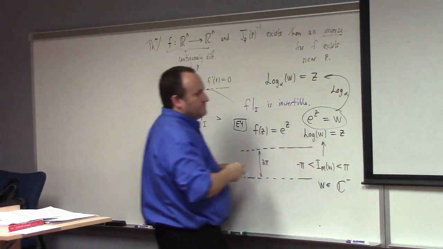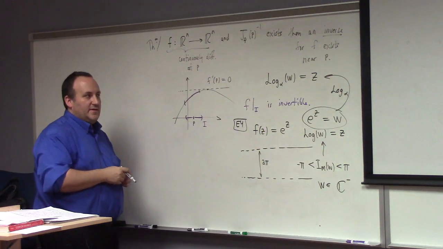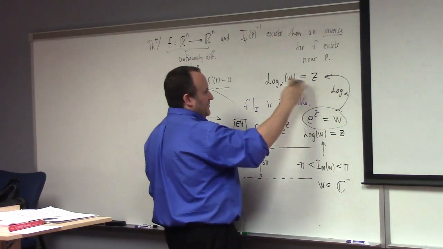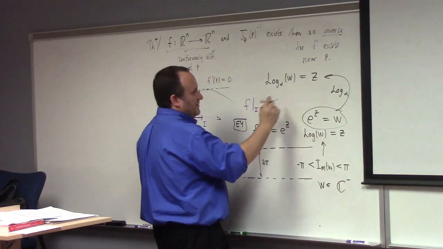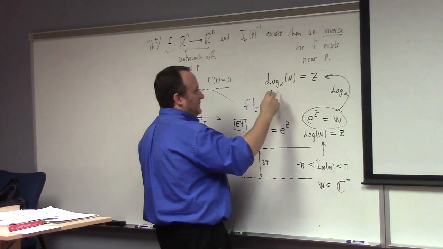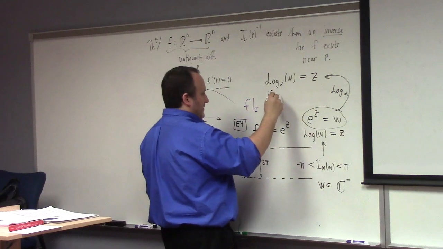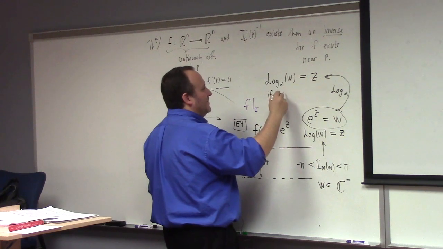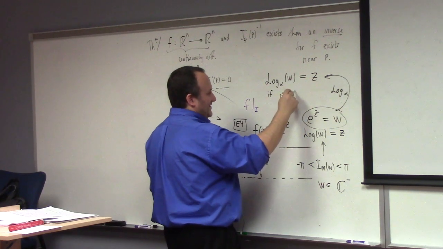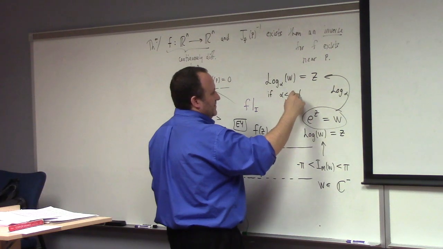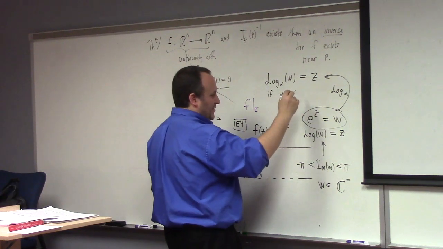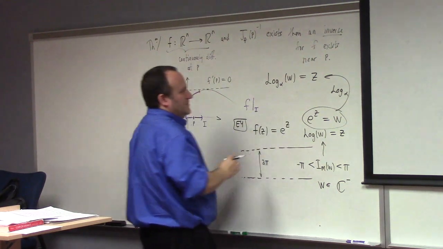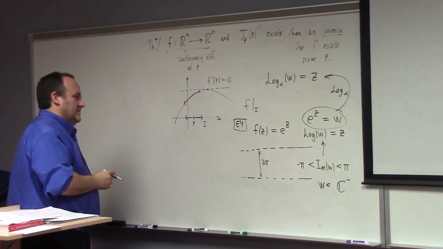But this would only be true given that w only if what? Oh goodness gracious, now I'm going to have to remember how I define this. I guess alpha is less than the imaginary part of, not the imaginary part, the argument, right?